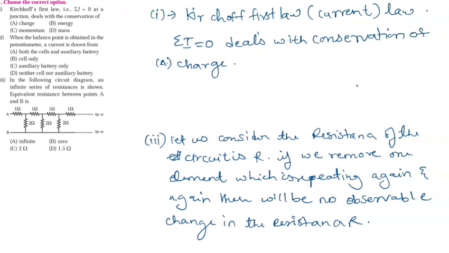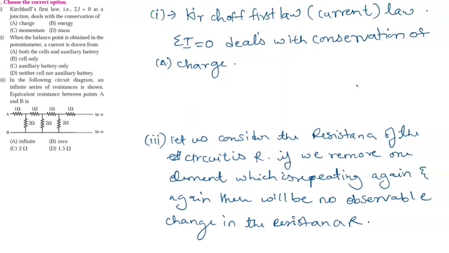So what I am going to do is choose an element of this circuit which is repeating itself. You can see that 1 ohm and 2 ohm is continuously repeating one after another. So I am just going to isolate that 1 and 2 ohm resistor once, and say that as there are infinite number of resistors, it won't affect it if I remove one element, one part of it.